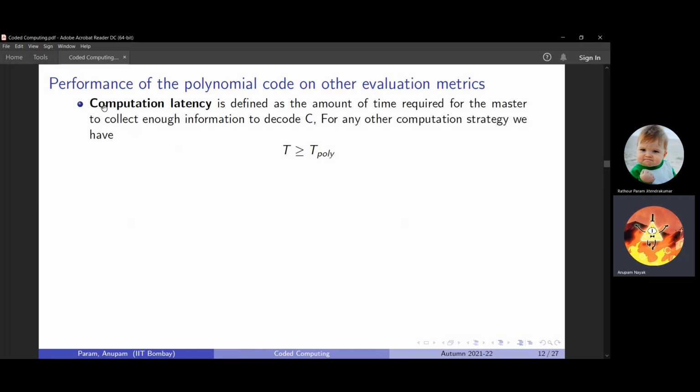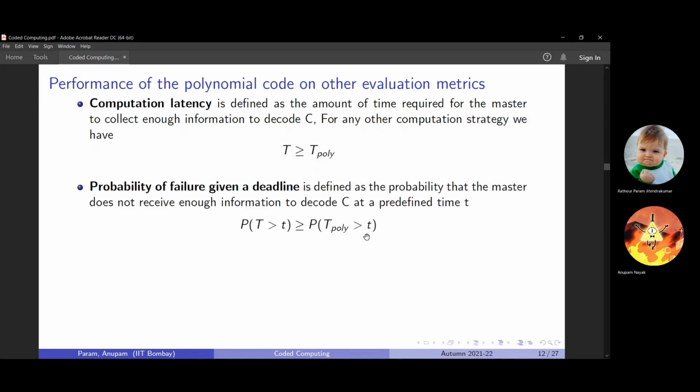The computational latency is defined as the amount of time required for the master, or the main centralized server, to collect enough information, as in get output from enough workers, in order to decode C. For any other computation strategy, the computational latency will be greater than the computational latency for polynomial code.